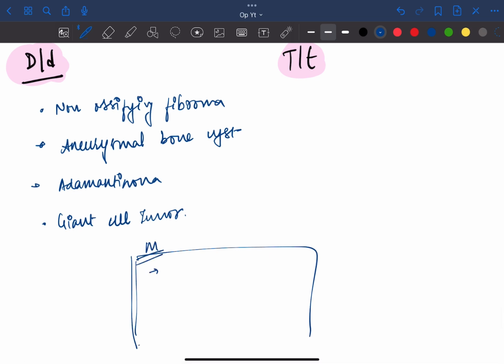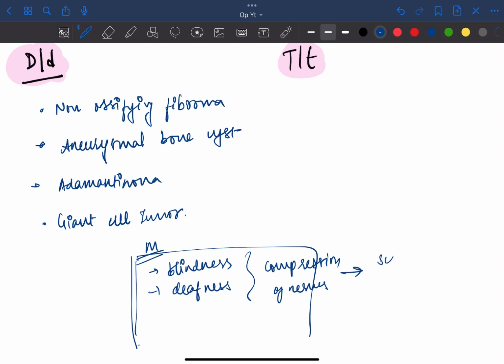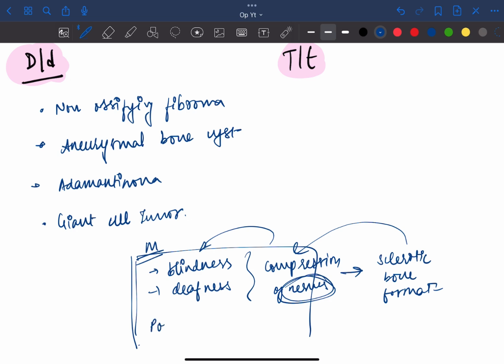So the monostotic variety, it can actually cause blindness and deafness due to compression of nerves, and this compression occurs because of the sclerotic bone formation which presses onto the nerves, which can cause blindness or deafness. And the polyostotic variety has high malignant potential. So the polyostotic variety can turn into an osteosarcoma.